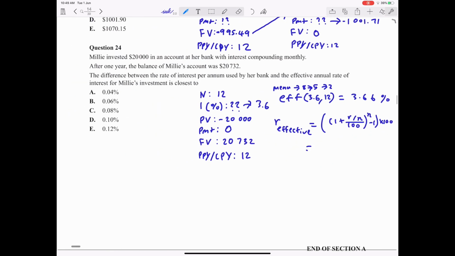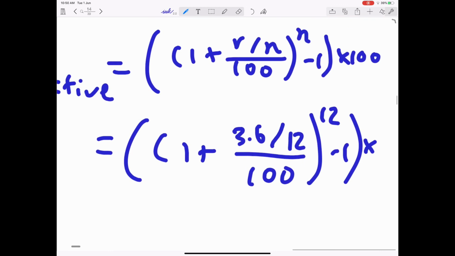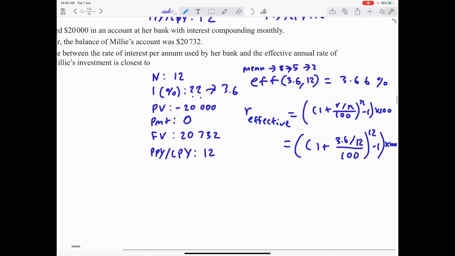So you can just substitute R, which is 3.6, and your compounding periods are 12. And that will give you the same thing, 3.66.